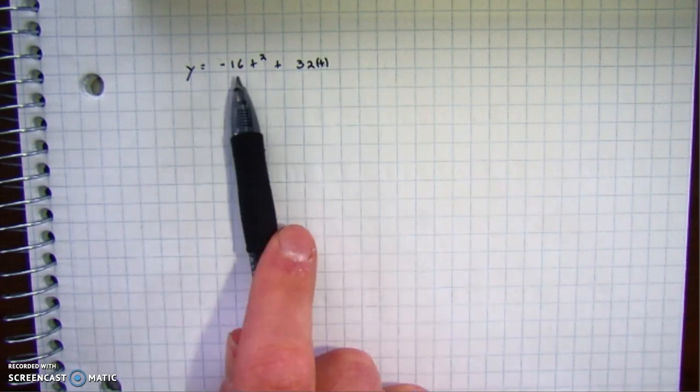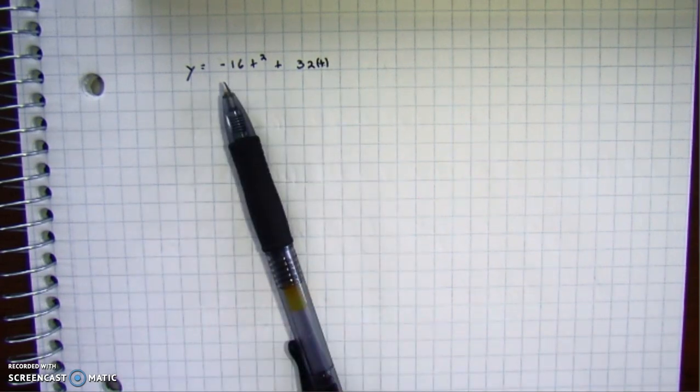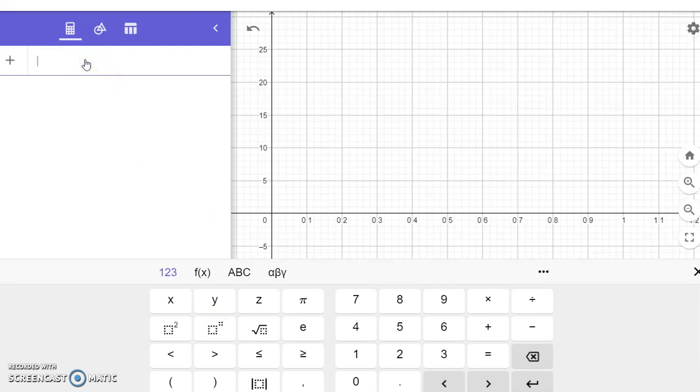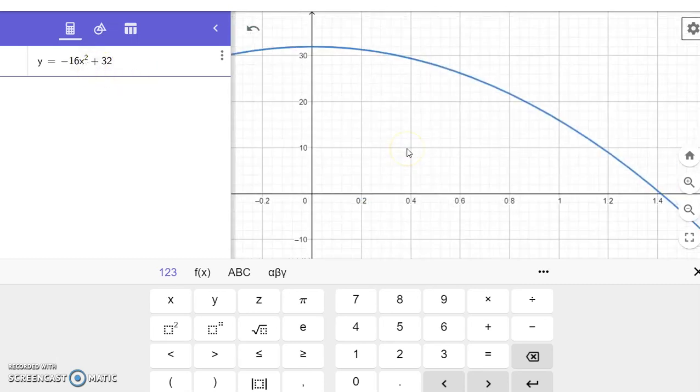All right, so this is our motion for a falling object. It's falling, but it's shot at a velocity of 32 feet per second up in the air, and we're going to do it from the ground. So it's like maybe a little bottle rocket or something. Let's come over here, and we'll use x equals negative 16x squared plus 32x.